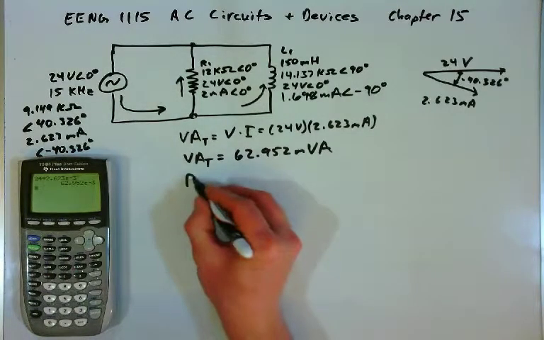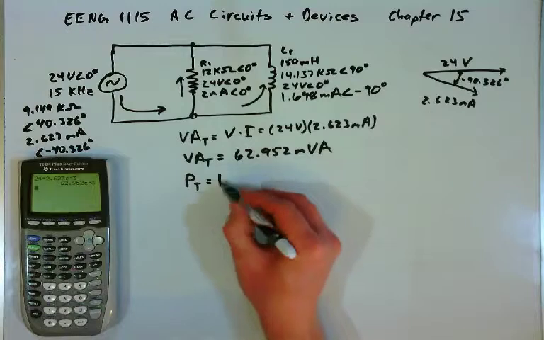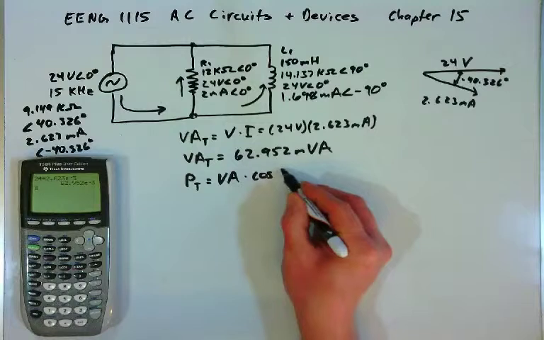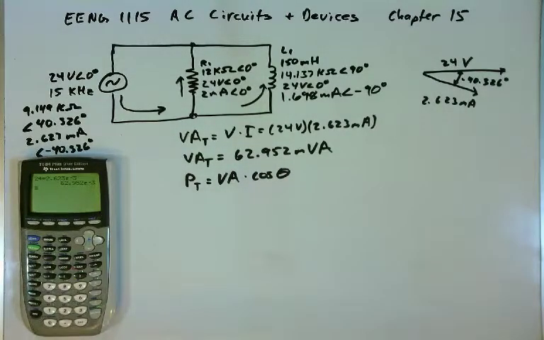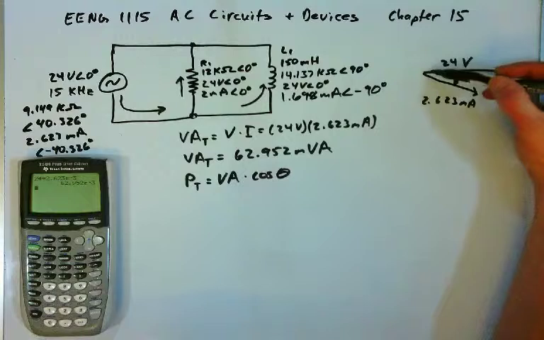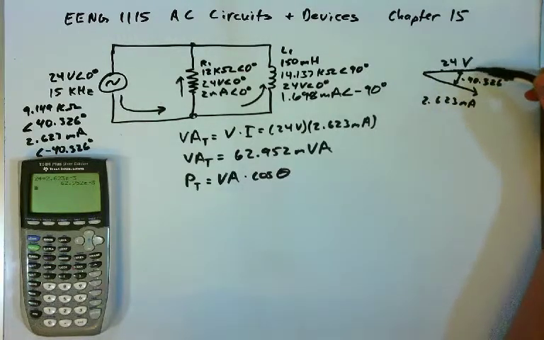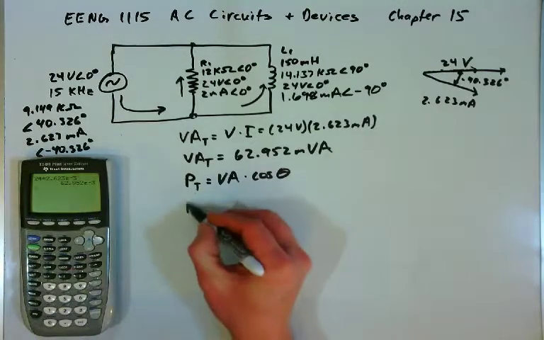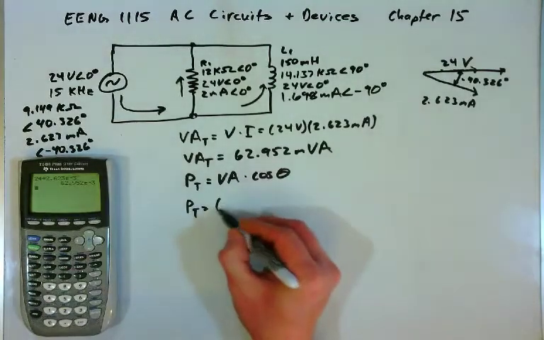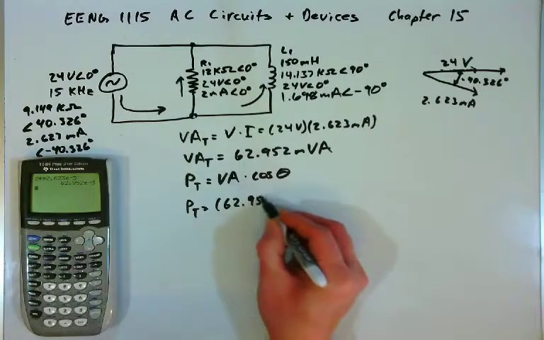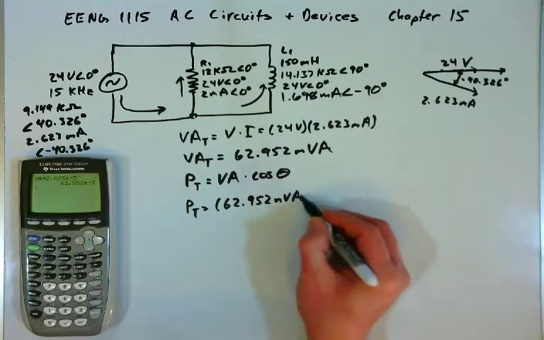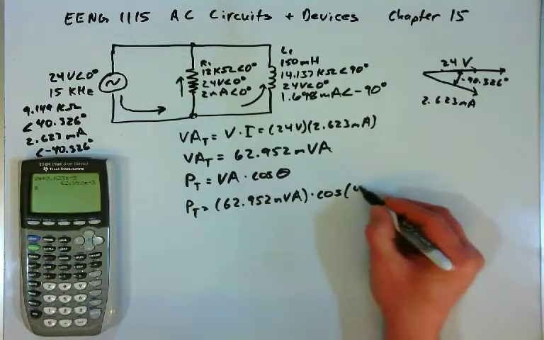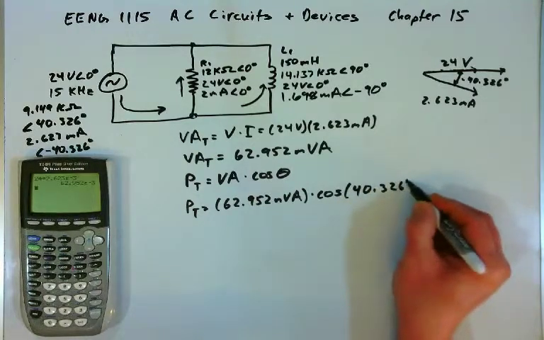And now we will find the total power of the circuit, which is going to be the volt amps times the cosine of the absolute value of the angle between the voltage and the current. And so what we're looking for here is the component of the current that is in phase with the voltage, and we find that by multiplying by the cosine. So the total power will be the volt amps, which we already have, 62.952 millivolt amps, and we're going to multiply by the cosine of the absolute value of the angle, 40.326 degrees.